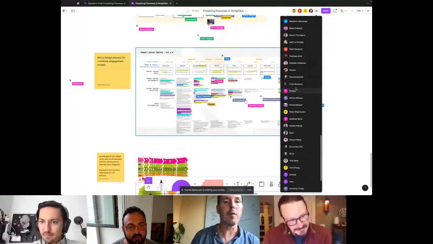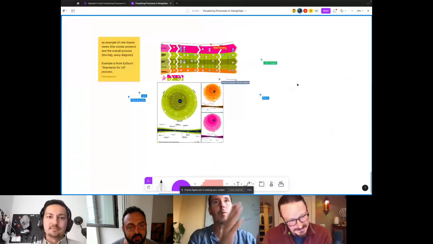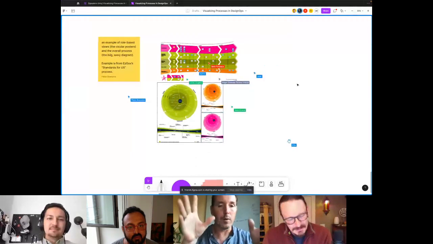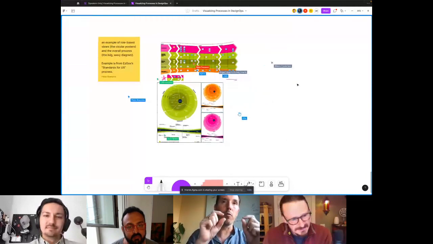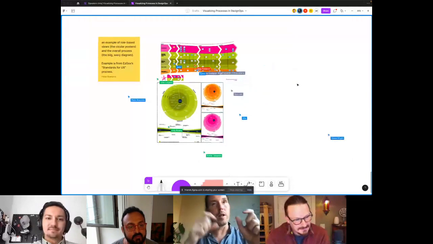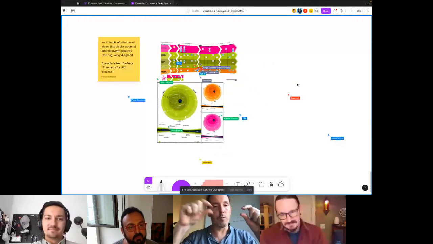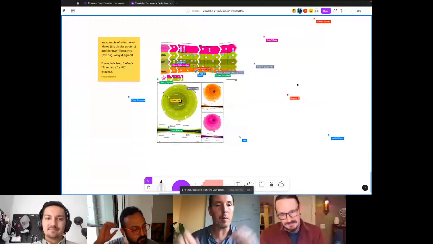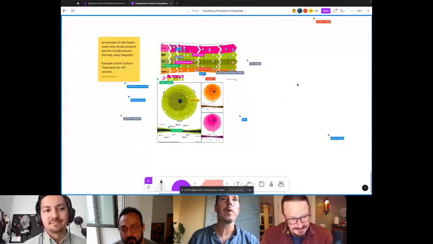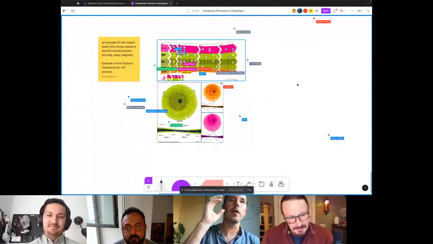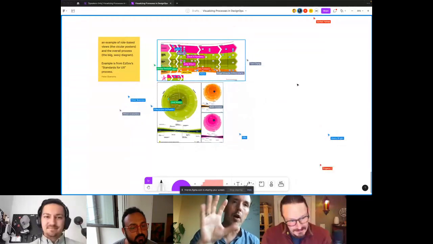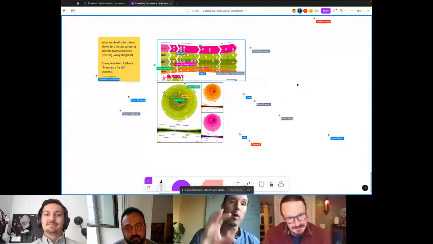The top diagram is the overall process, which is broken down into phases, and I know it's very tiny, but it shows deliverables that sort of flow through the timeline over time. And then the circles are the activities for one particular role.